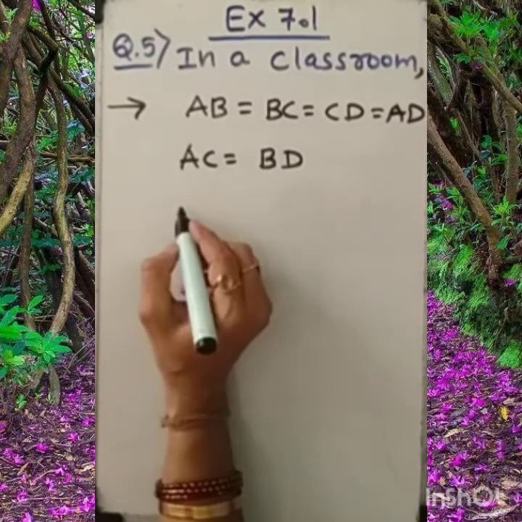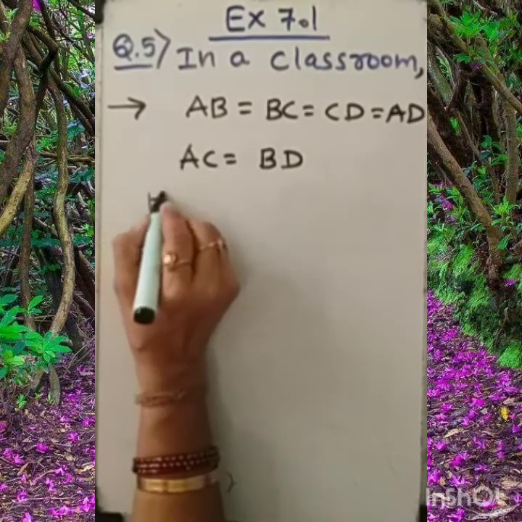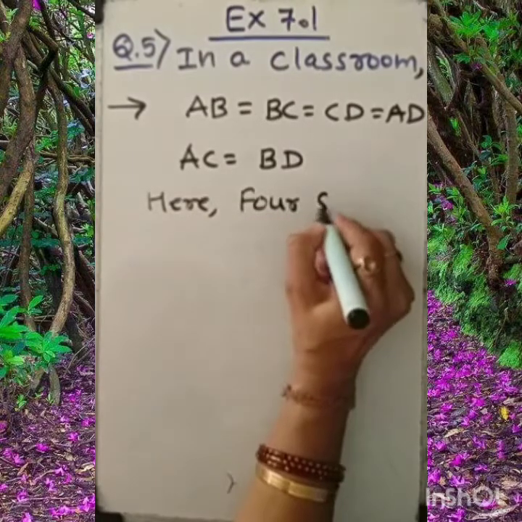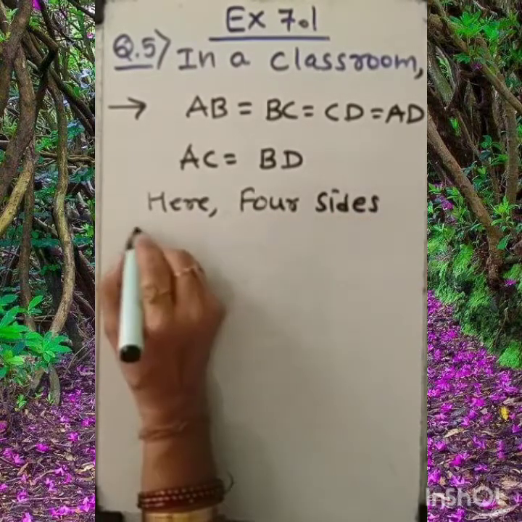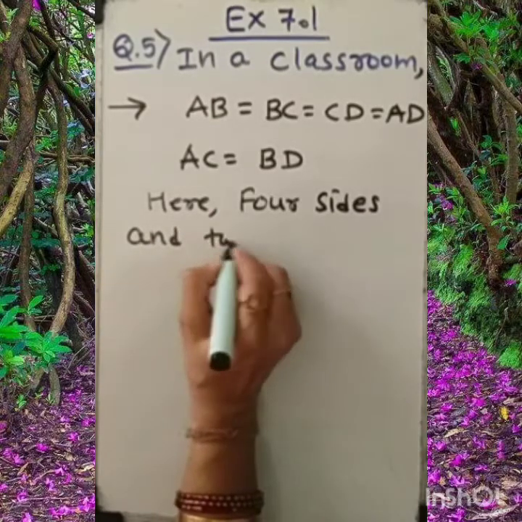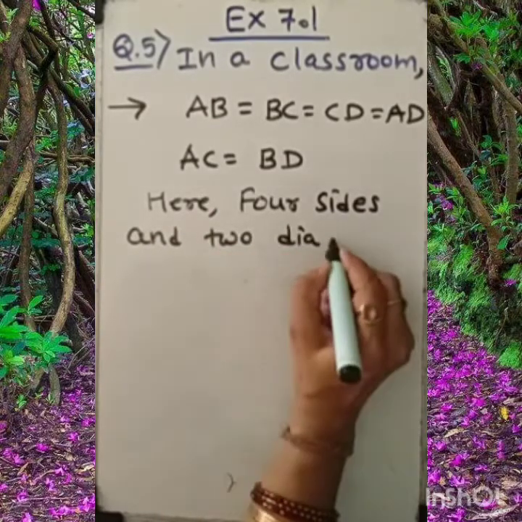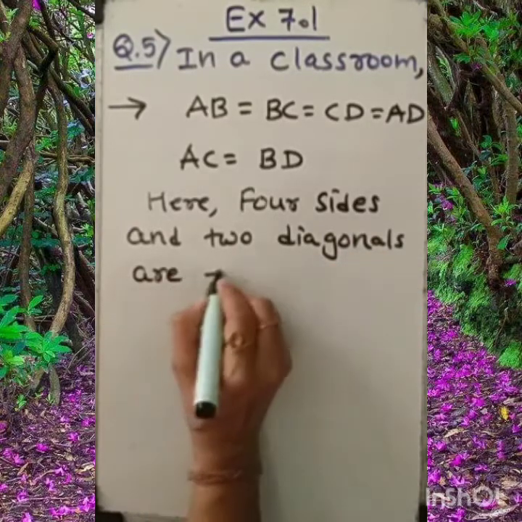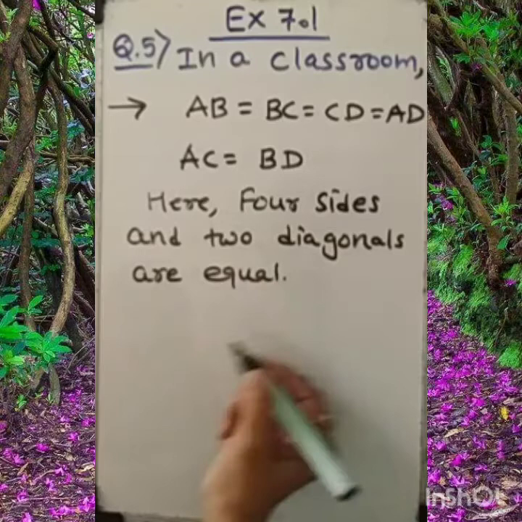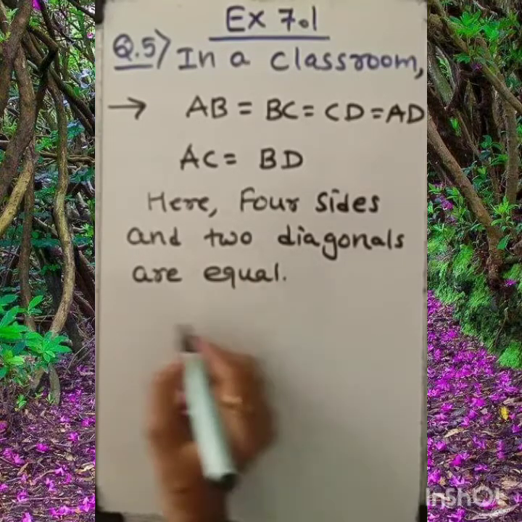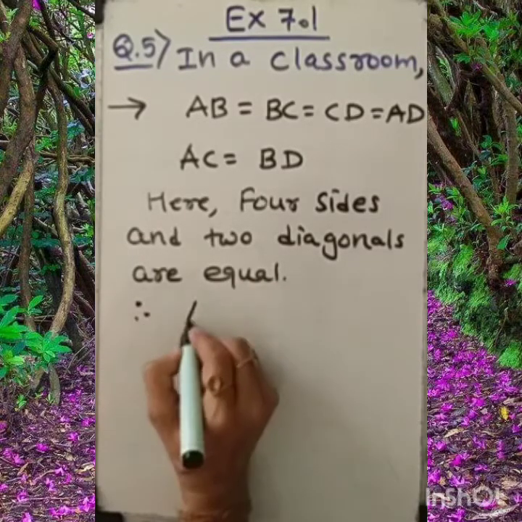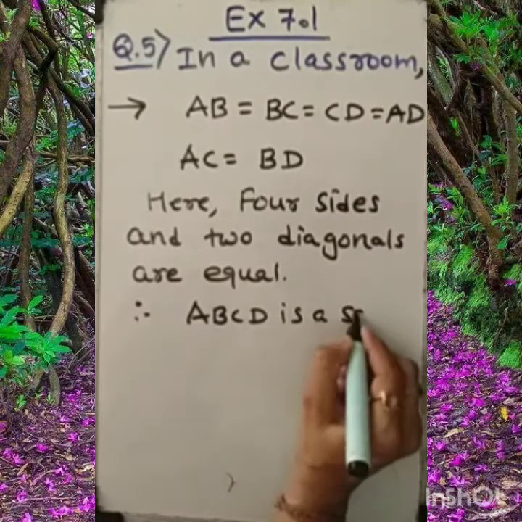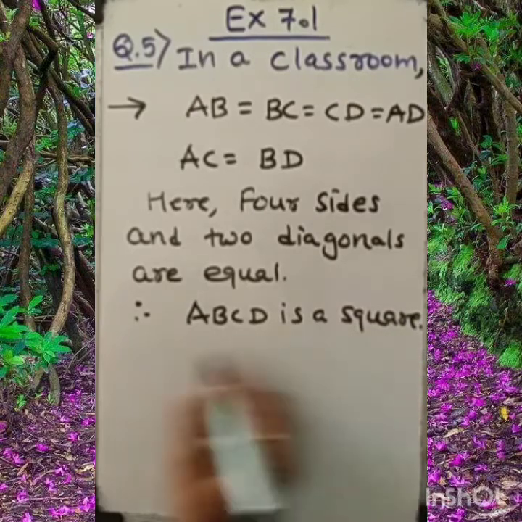So we need to mention here: four sides and two diagonals are equal. Therefore, ABCD is a square. Simple. We are forming a square. Okay.